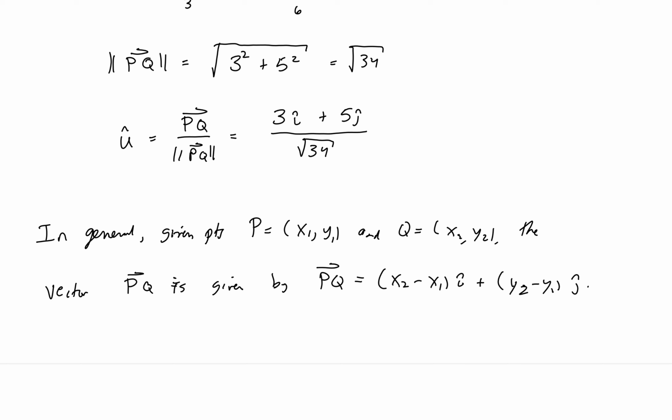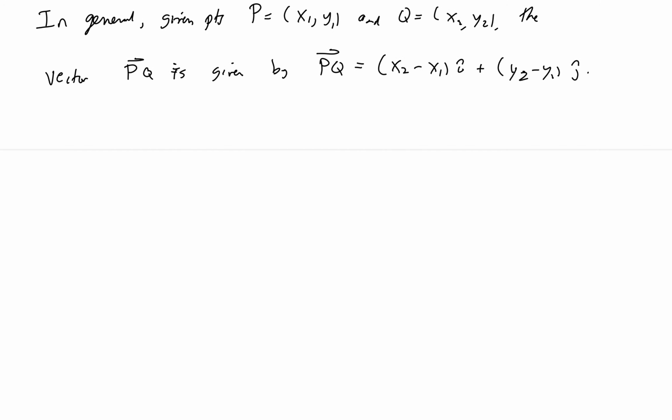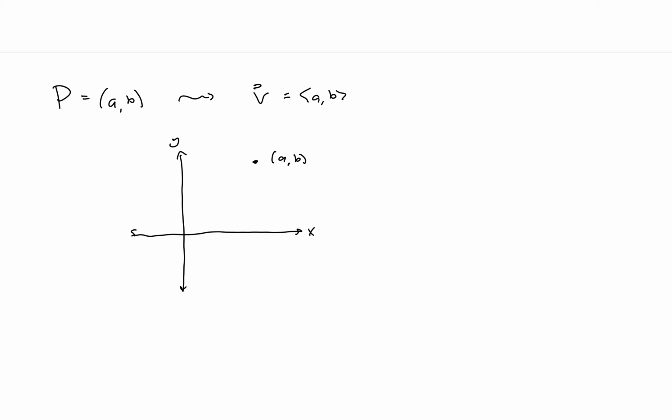Now before we move on to vectors in 3 space, let's just note real quick that if I have a point (a, b), this gives rise to a vector ai plus bj. So a point itself isn't a vector, but for each point you get a vector. We go out to this point (a, b), and how do we get this vector?